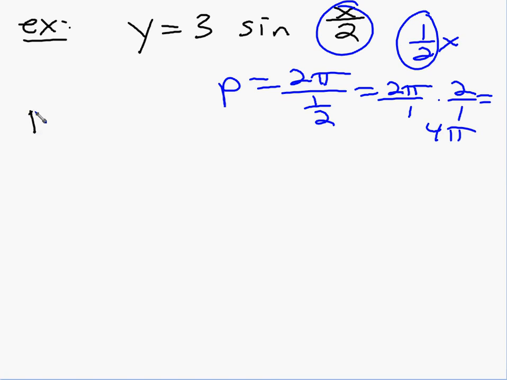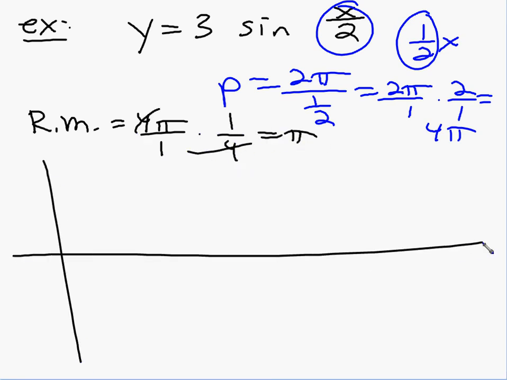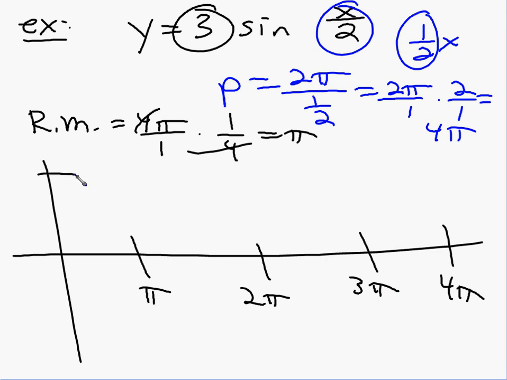So your road markers are 4 pi times 1/4, which means your road markers are pi. So your period is 4 pi. Count up by 1 pi, 2 pi, 3 pi. And then your amplitude is 3. So you're going to come up to 3, down to -3, and then put in your points.